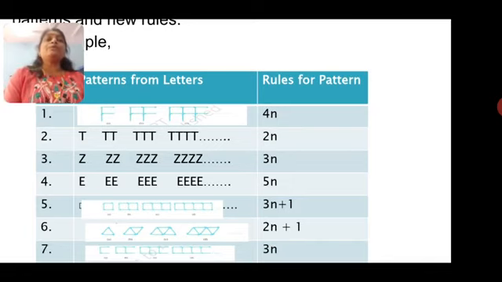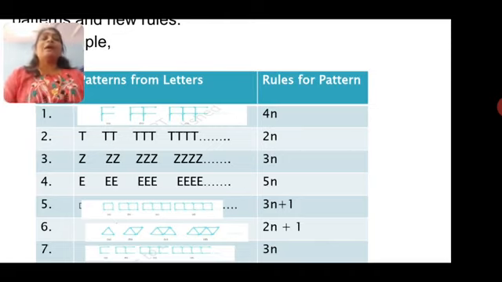Therefore, for 2 square pattern, the number of matchsticks is 7. For 3 squares, we use 3 more matchsticks. That means number of matchsticks 10. Therefore, the general rule for squares pattern is 3n plus 1, where n is the number of squares.